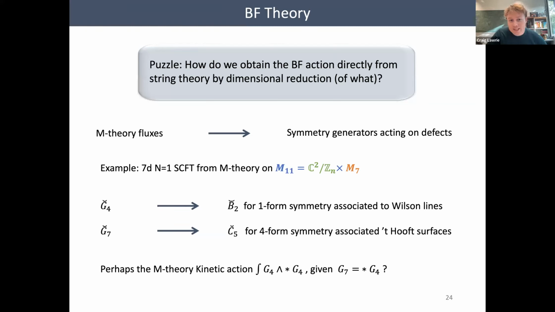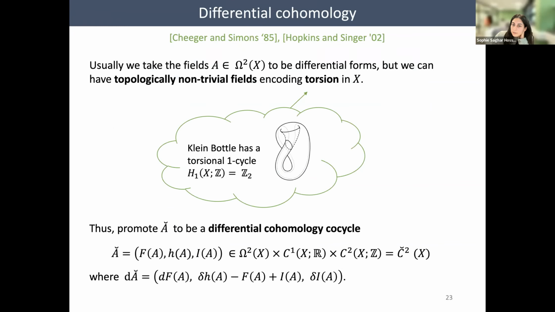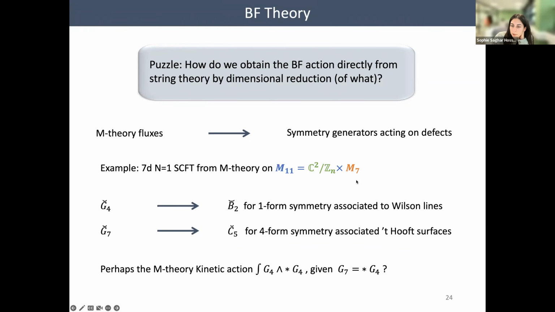6D theories which, for example, you can construct as living on a domain wall inside of M7 in this kind of M theory construction. So here the field theory is 7-dimensional, and then the BF theory is 8-dimensional. So okay, but then it's not a superconformal theory.